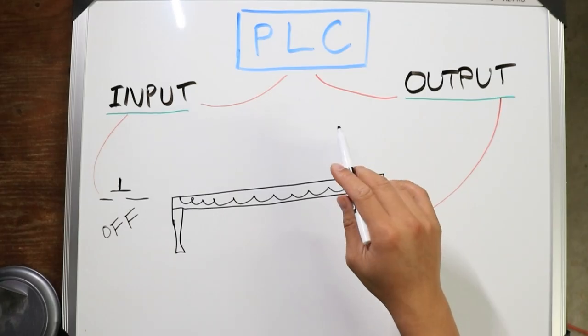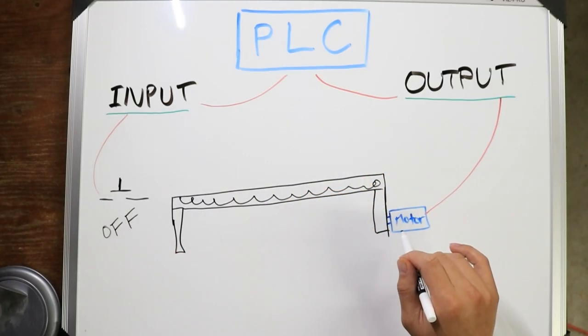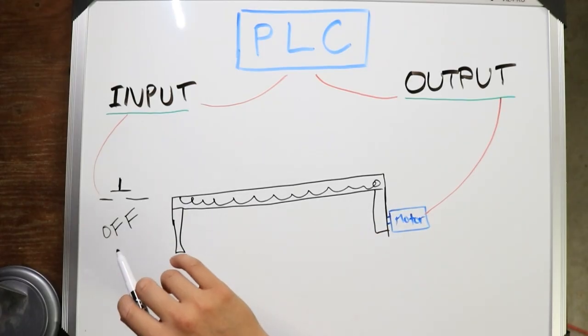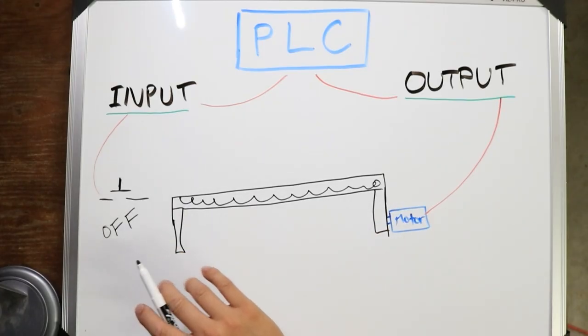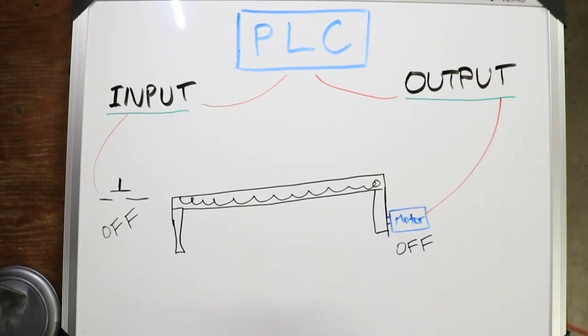And because you programmed the PLC to say turn on the conveyor when this push button is pushed, but since it's off, this motor is also off right now because it's programmed like that. But besides the point, we're just trying to elaborate on what the input does and output does. Okay? So right now in its normal state, everything is off.